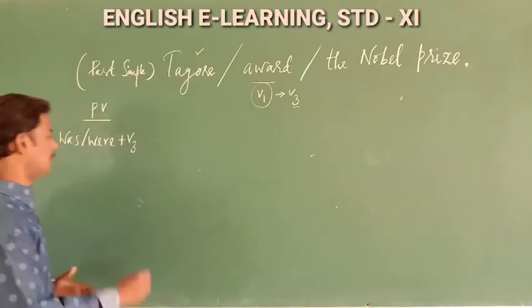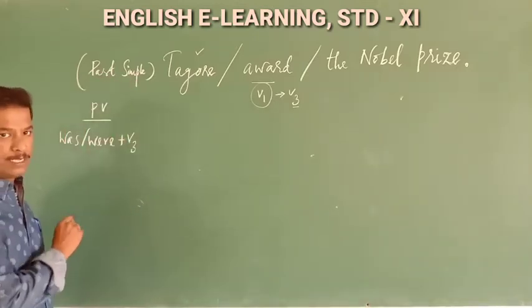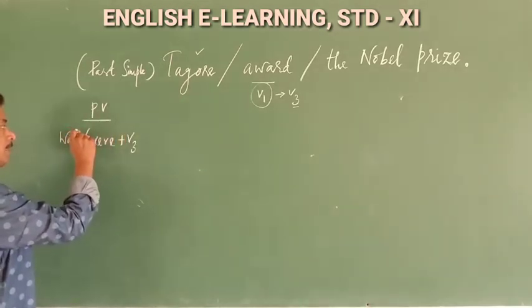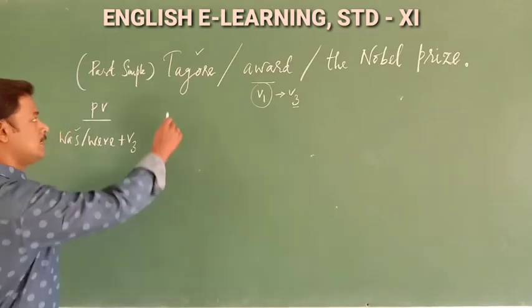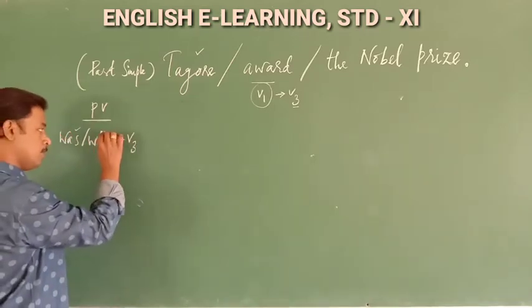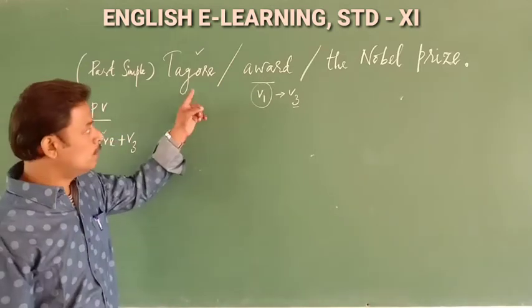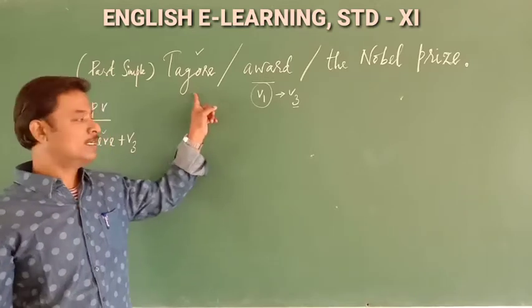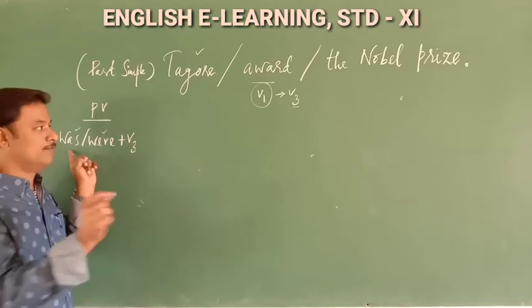We must select one of these two auxiliary verbs, especially be verbs. If the subject is singular, we select the singular verb, whereas if the subject is plural, we must select the plural verb only. Tagore is a singular subject, so we are going to select the singular verb only.